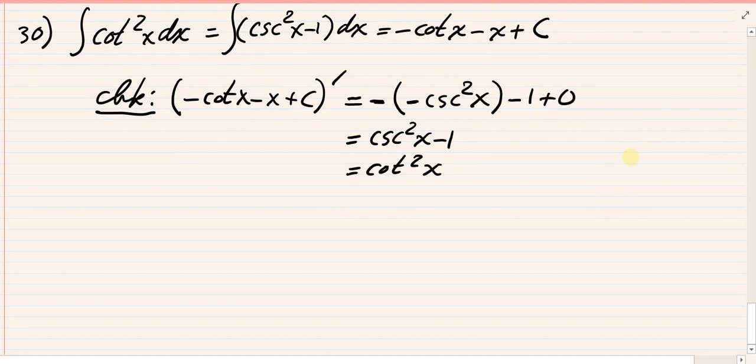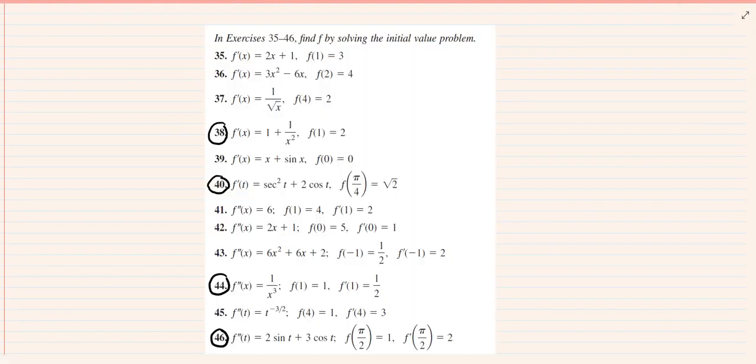All right, so we're done with that segment, and let's take a look at another segment. Here is the next segment of exercises, and the question reads: find f by solving the initial value problem. Now, what do we mean by initial value problem?